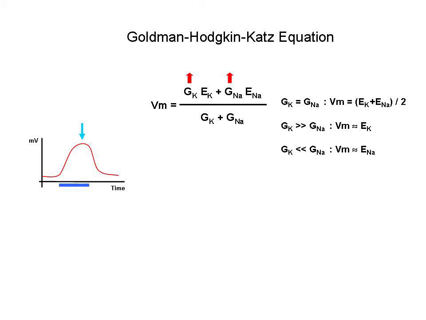If G potassium is proportionally bigger than G sodium, the steady state membrane potential moves towards EK. If G sodium is proportionally bigger than GK, then it moves towards E sodium. Here, the important thing is that it's not the absolute values of GK and G sodium that matter. The ratio of these two determines the steady state membrane potential.